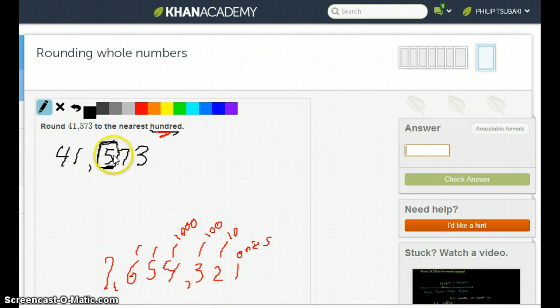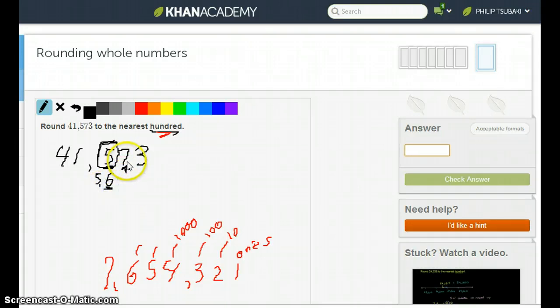Okay, so as long as it's not a 9, it's not very tricky. Like it's a 5, so that means it could be either 5 or 6. To know if it's a 5 or 6, we look at the next number, and the next number is a 7. So 7 is 5 or higher, which means we choose the higher number.